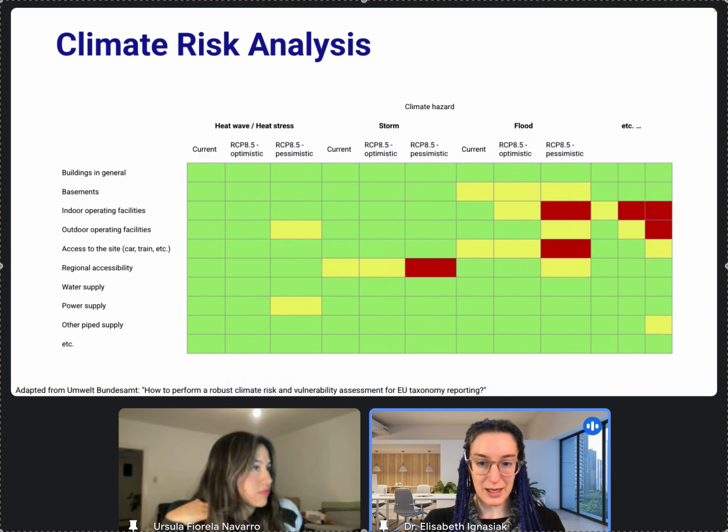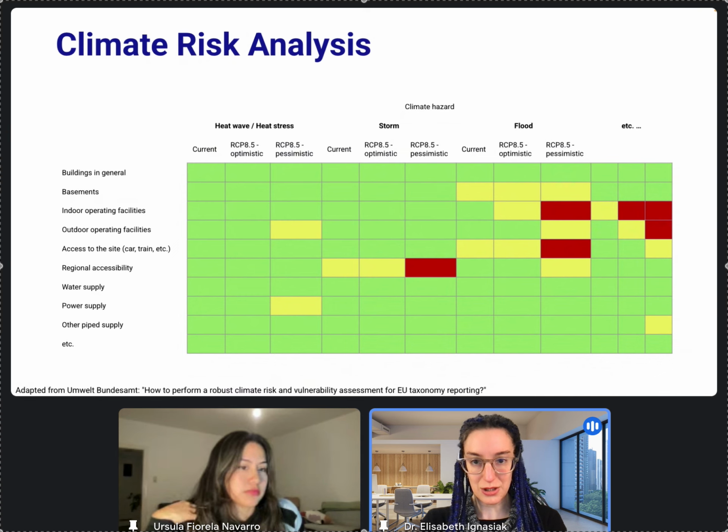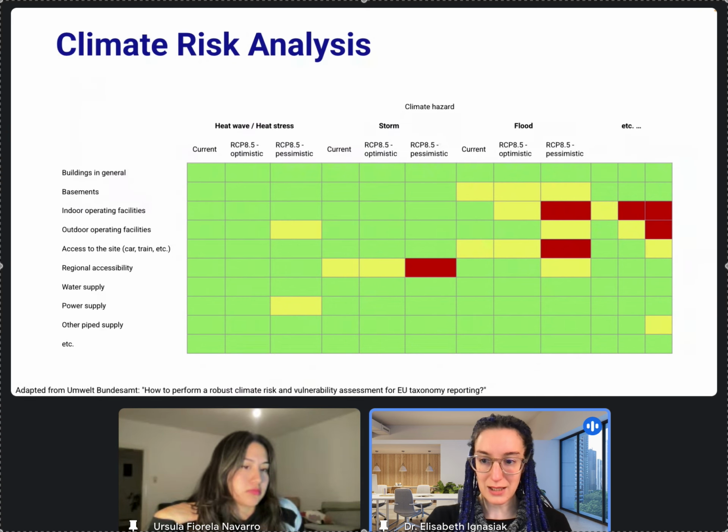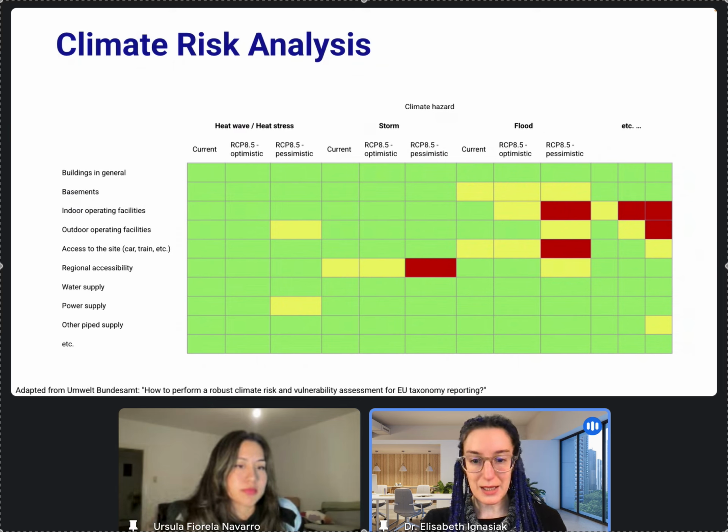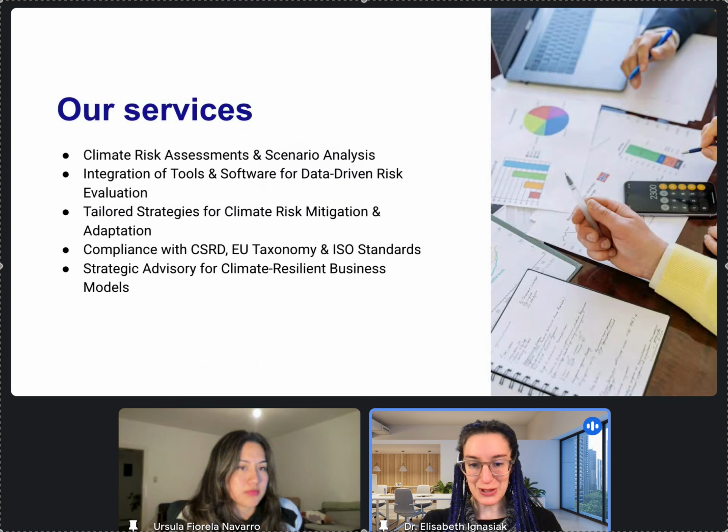Then you analyze how much this specific hazard affects you in the various sites, or whether it affects your water supply, and so on. And then you can see green, yellow, red, depending on how deeply you're affected by this particular risk and how high your risk is.